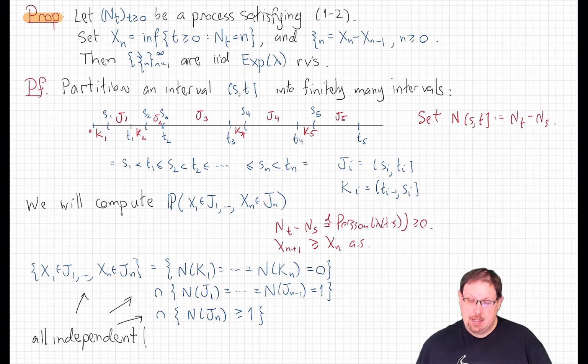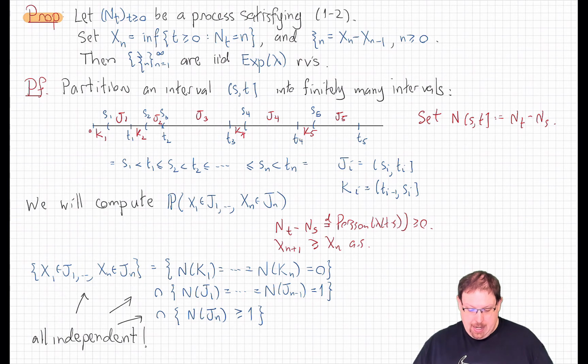Now, if I look at the next datum I have here, x2 is in J2. Well, that says that, again, there was no jump in the interval between T1 and S2. So N of K2 will be 0, and N of J2 will be 1. And we can continue this all the way down this line and get that this is described by all of these conditions here, except there's a kink when we get to the end.